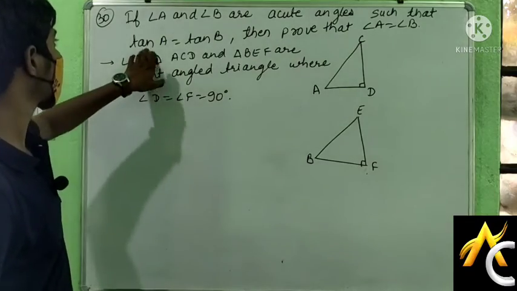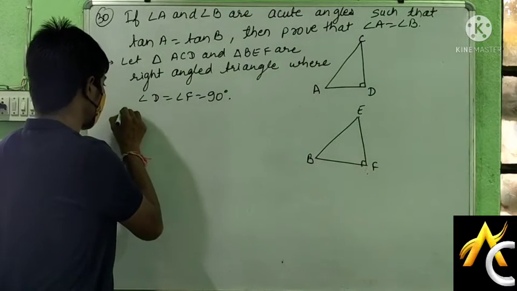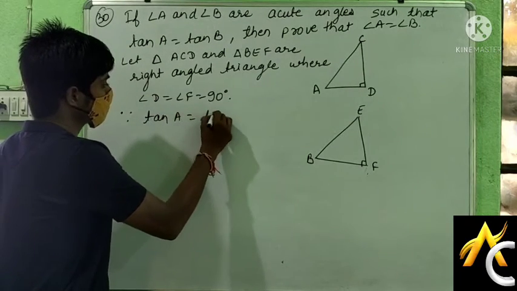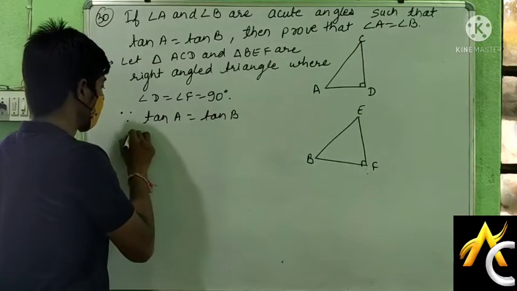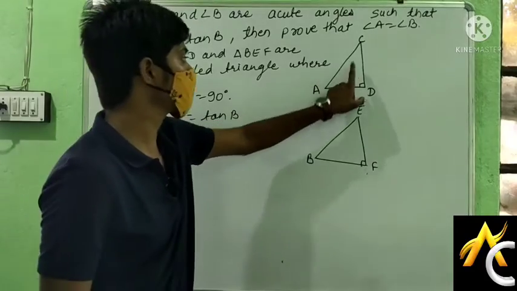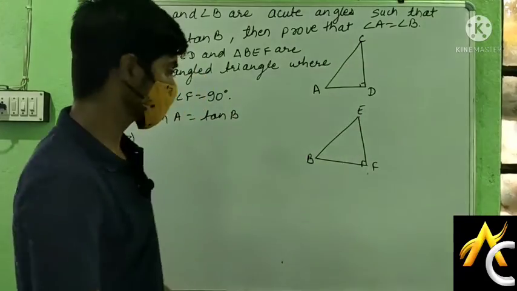Now since it is given that tan A is equal to tan B, and as we know that tan theta is equal to P by B, tan A will be equal to CD by AD.